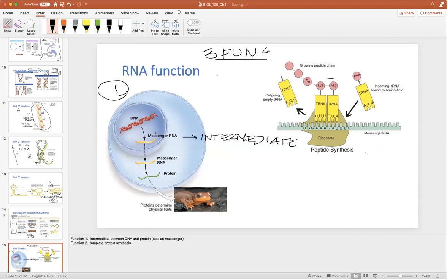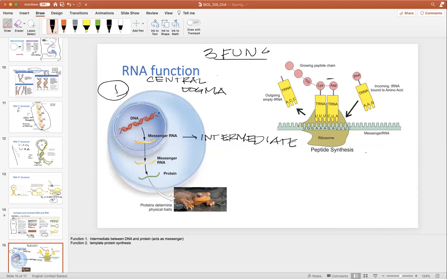If you've watched chapter 1, this is the picture that I use to describe something called the central dogma. And in the central dogma, you know that DNA gets transcribed into RNA. Now, why is that? Notice that the DNA in a eukaryote is living inside of the nucleus, and it doesn't leave the nucleus. It stays there all the time.